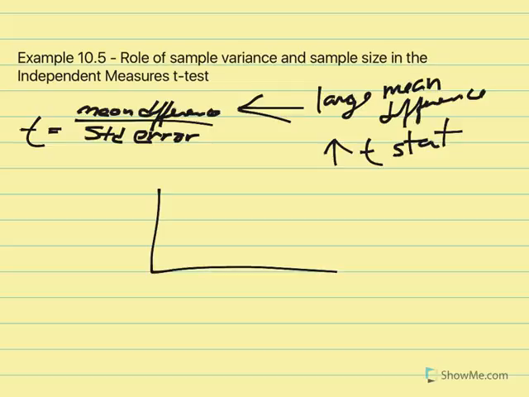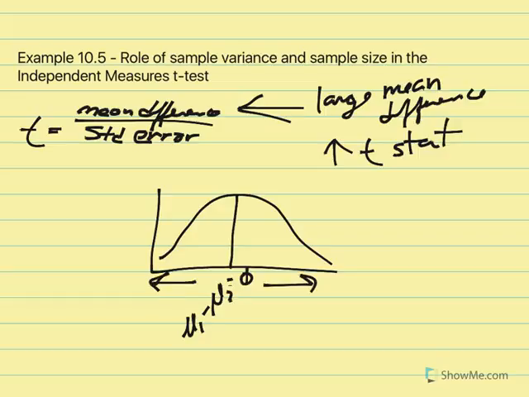Again, if we're using a two-tailed test, in the center, the mean difference is represented by the null, and that's equal to 0. And a larger t always means that it's being pushed out into the tails. If there's a large mean difference, we're saying there's differences occurring between these samples that are representative of two different populations, and that's our hope.